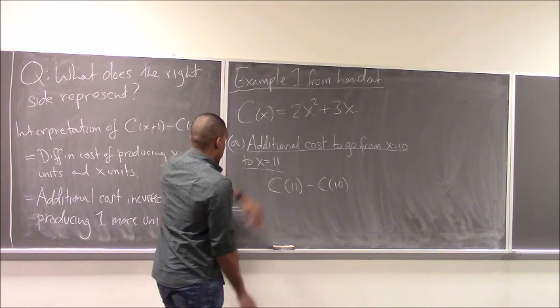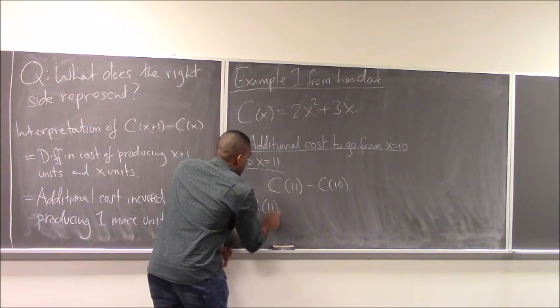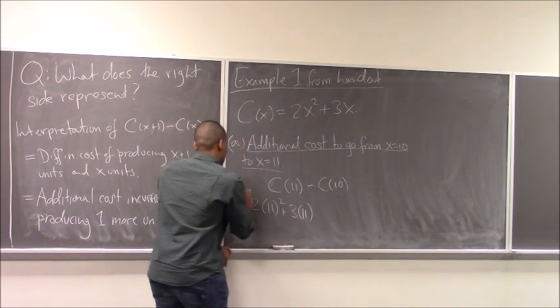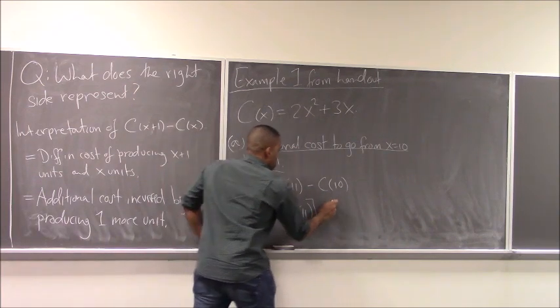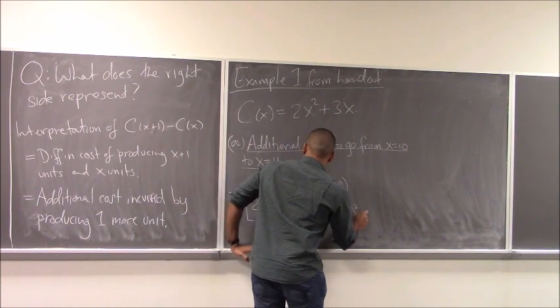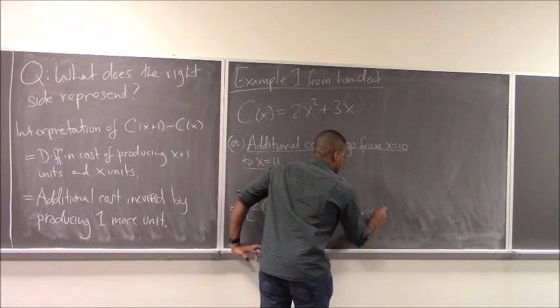Now what is that equal to here? I would simply plug that in: 2 times 11 squared plus 3 times 11, minus 2 times 10 squared plus 3 times 10.